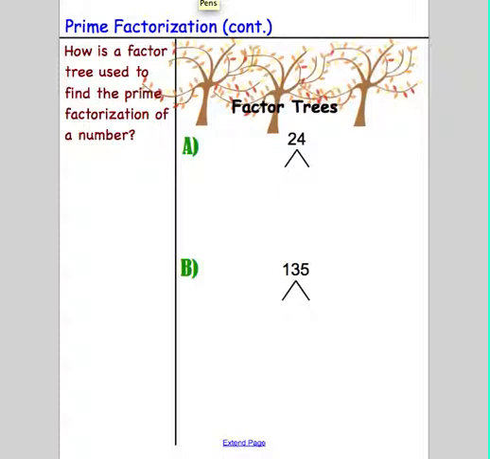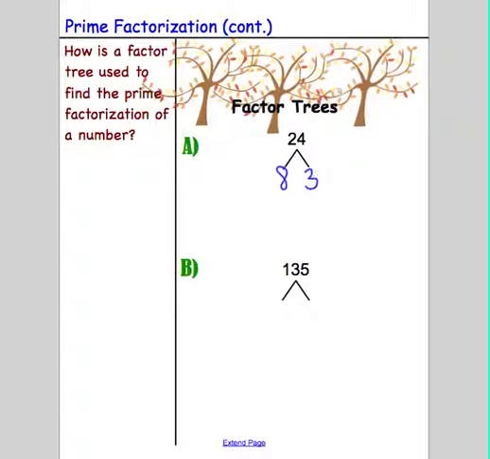When we talk about a factor tree, we're breaking apart that number. I've got 24, and I'm asking myself, what two numbers multiply together to get 24? Well, I can do 8 and 3. Some of you might have thought of 6 and 4, or 12 and 2. That's fine. The only thing we want to make sure is that the end of the factor tree looks the same.